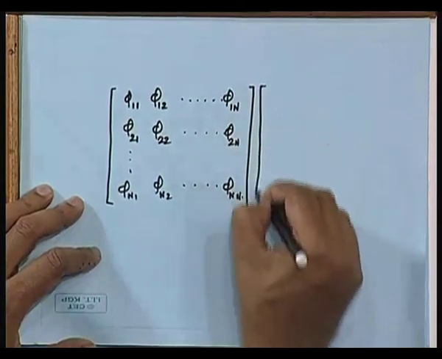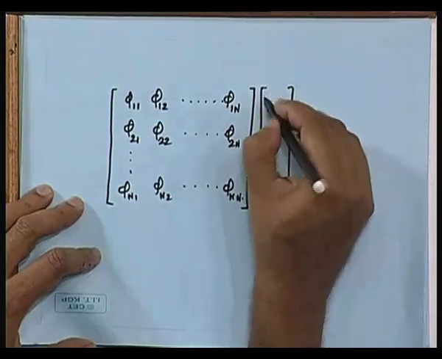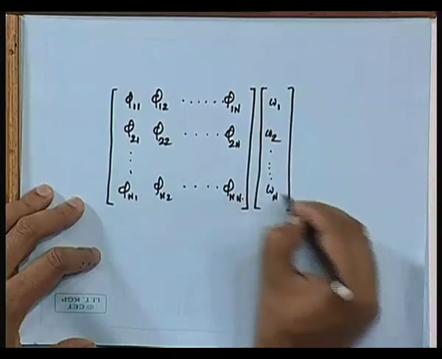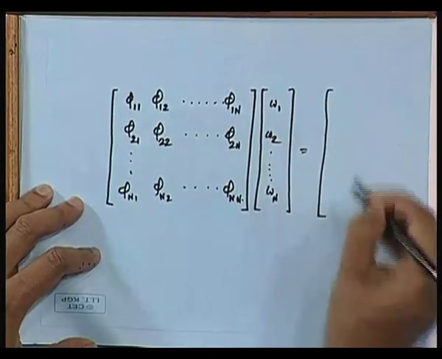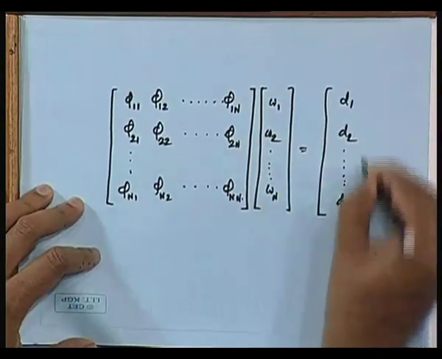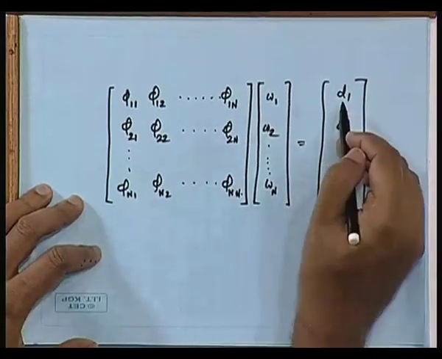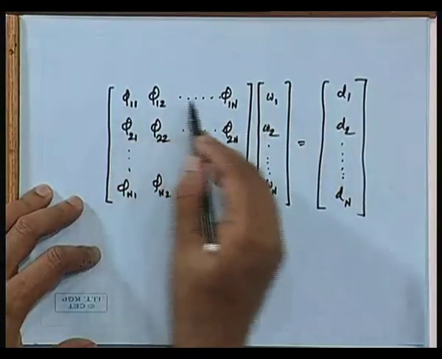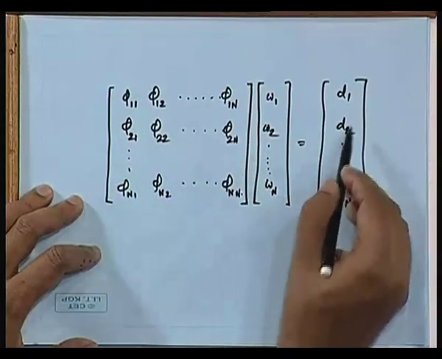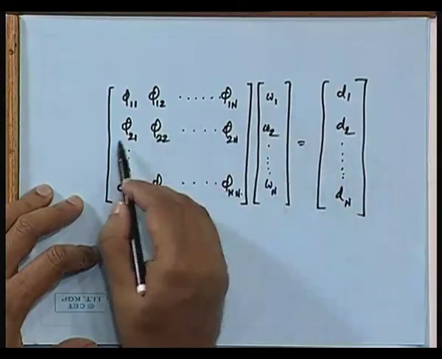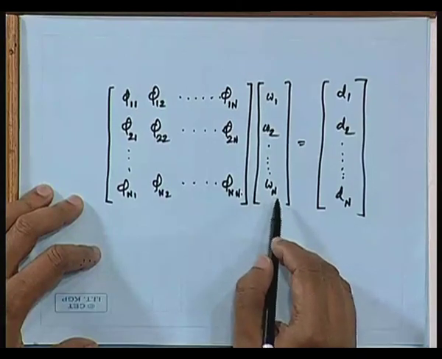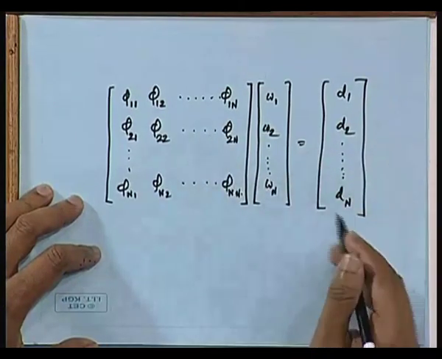This times W1, W2 up to Wn results in D1, D2 up to Dn. Very simple to verify. D1 is W1 phi 11 plus W2 phi 12 up to Wn phi 1n. D2 is W1 phi 21 plus W2 phi 22 up to Wn phi 2n. Dn will be likewise.